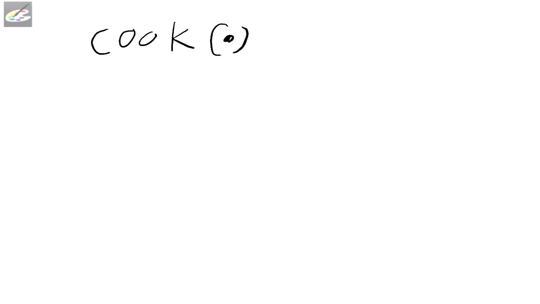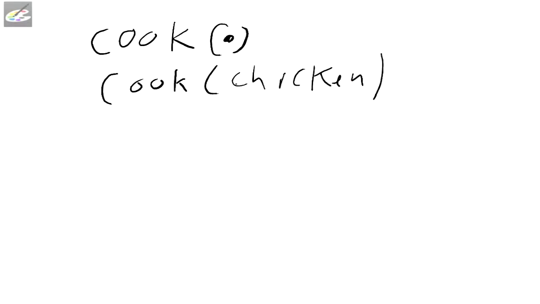So, for example, let's say we had a food that we wanted to pass in. So we have cook, and then we would have the food, right? So we would say chicken. So that's a parameter. We're passing chicken into the cook method so that it knows that we're going to cook chicken.